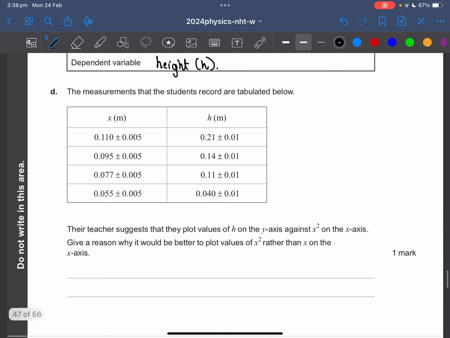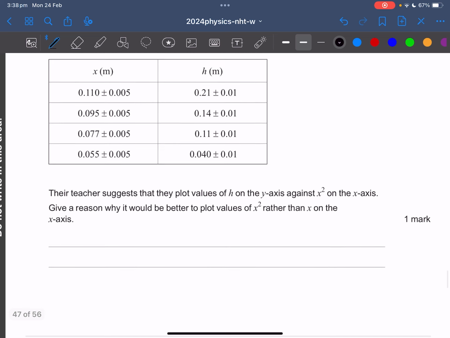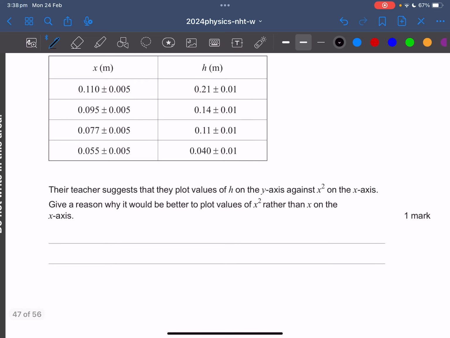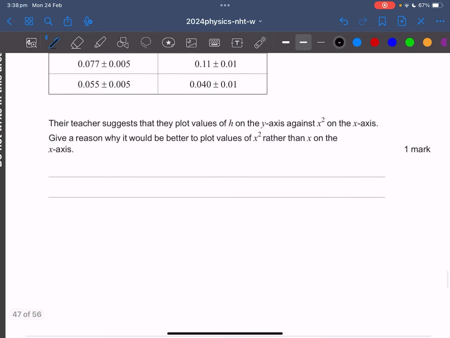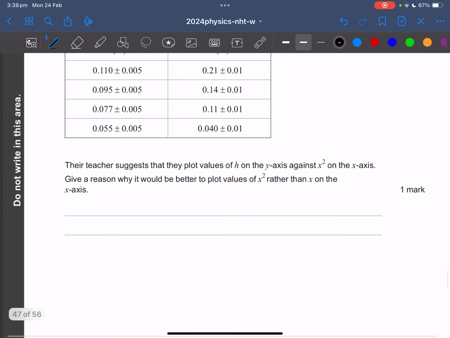The measurements that the students record are tabulated below. The teacher suggests that they plot the values of h on the y-axis against x squared on the x-axis. Give a reason why it would be better to plot the values of x squared rather than x on the x-axis.